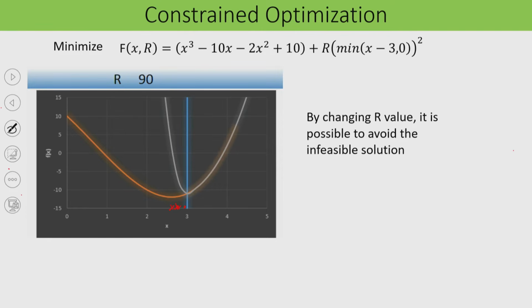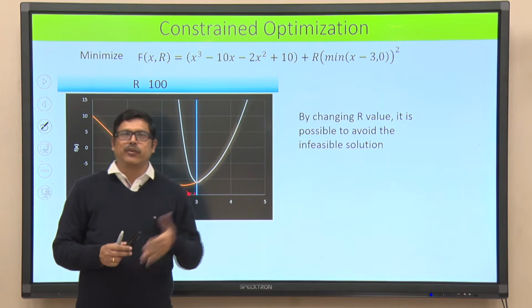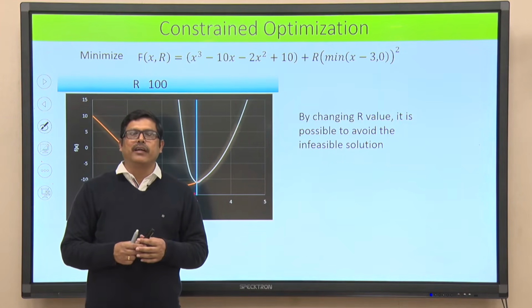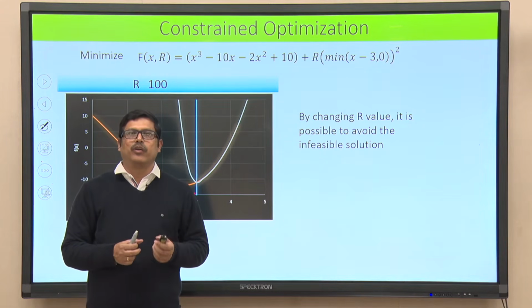So, therefore, in this method, what you have to do is use a very high value of r, a large value of r. But the question is that we cannot use a very large value initially. If you use a very large value initially, the gradient will be very steep and your gradient based algorithm will not work.